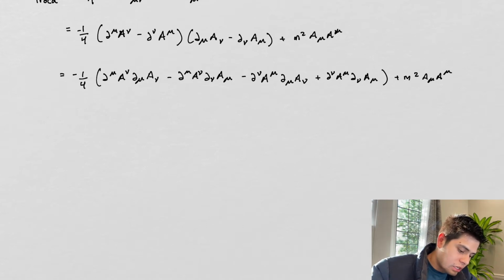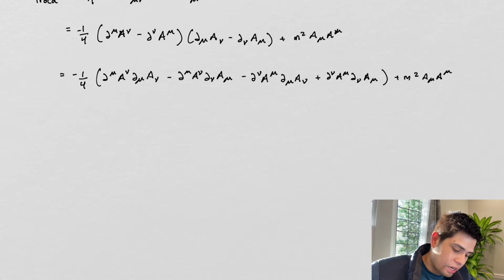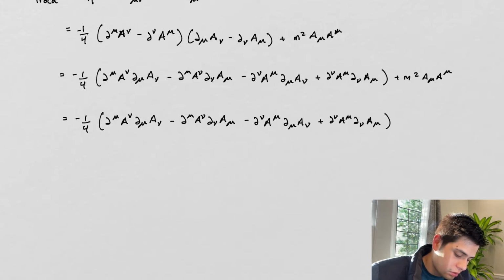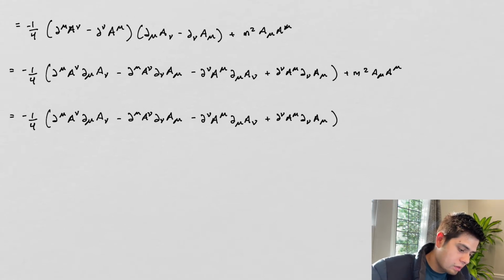Again, a lot of these are dummy indices, so we'll be able to change a lot of these indices at our whim. That's exactly what I'm going to do here. And then I'm just going to re-add our m squared A nu.